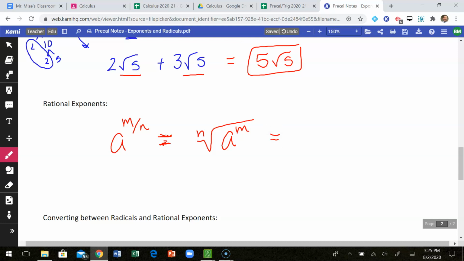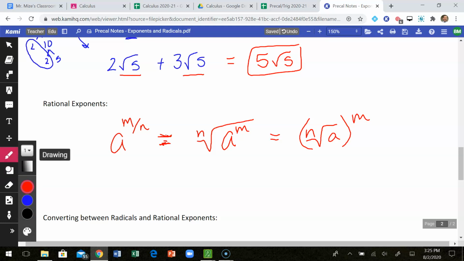Or if you want to do it opposite in terms of the order, you could do the nth root of a and then take that whole thing to the mth power. You will get the same answer either way. And I'll explain to you why one may be better than the other, but in most cases.